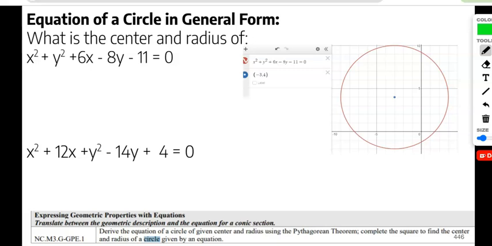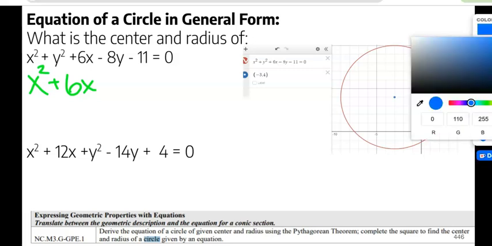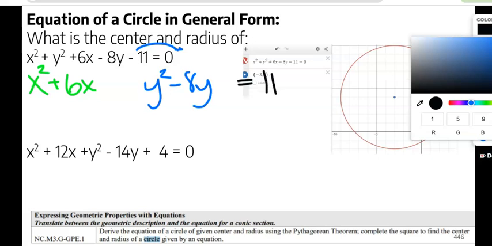So first thing, you want to organize your x's, and I'm going to put my y's in a different color. Y squared minus 8y. And I'm going to move that -11 to the other side as a positive 11 when it moves over, basically adding 11 to both sides.